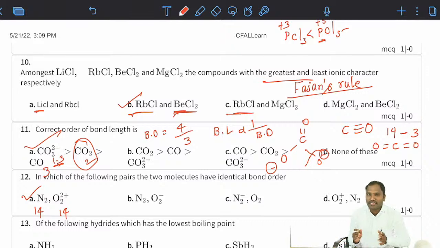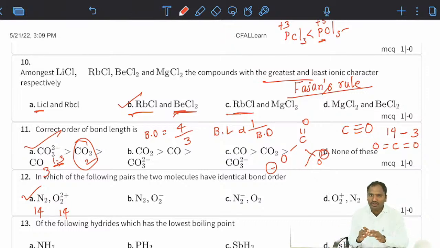And sometimes, students, even if the number of electrons is not the same, the bond order can be same. Here if you see, if the total number of electrons is 12, the bond order is 2. If it is 16 also, the bond order is 2.